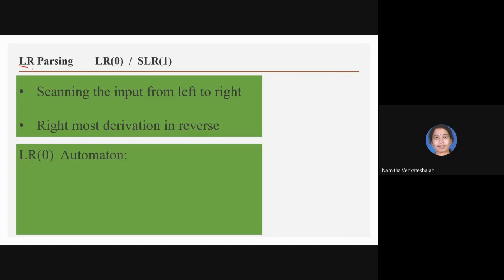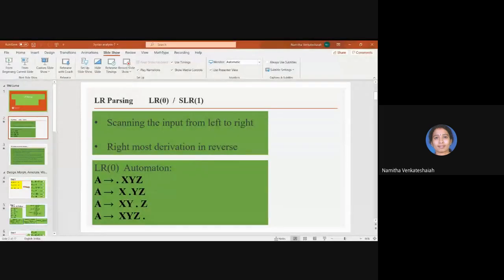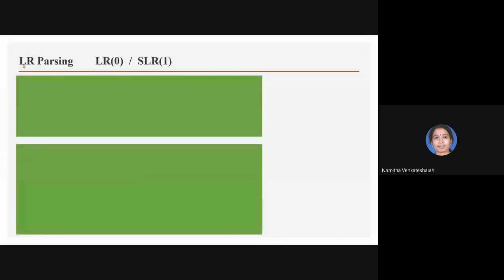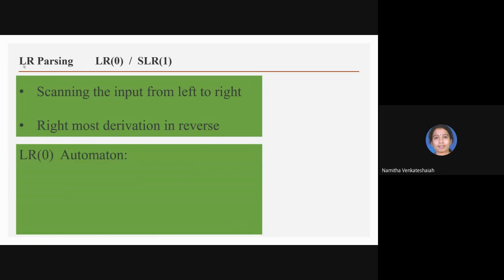Okay. So in LR0 automaton, what happens? We will be moving the dot. What do you mean by moving the dot? That you will understand later.